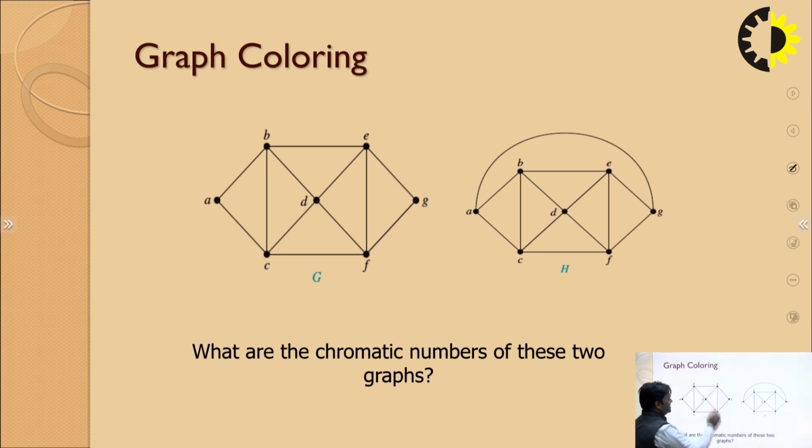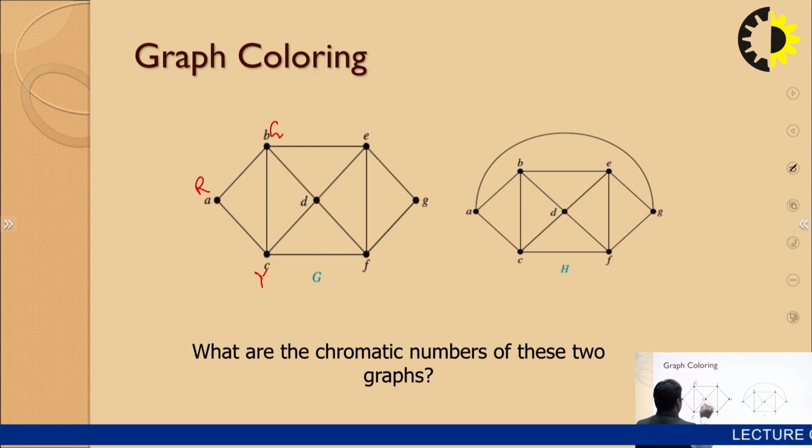Vertices A, B, C, D, E, F, G. Graph G, we put colors: A red, green, yellow. Means each vertex A, B, C are adjacent to each other, then we cannot put the same color. Then vertex D is not adjacent to A, then we put red here.